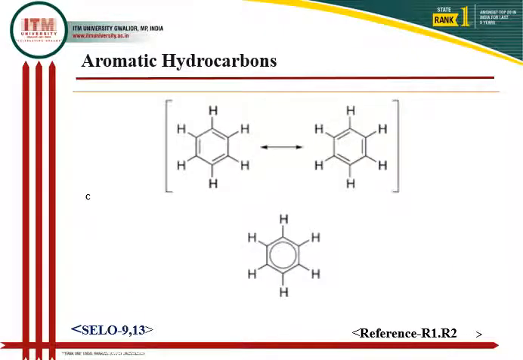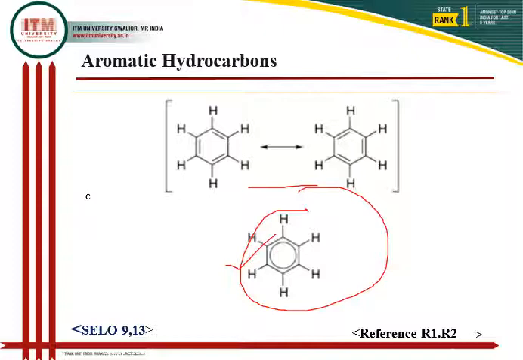This is the ring structure of the benzene, and you can see here the Kekule structure of the benzene. 80% of the stable structure is contributed by the Kekule, and there is the delocalization of the pi electrons over the ring, and this is the resonance hybrid structure of the benzene. So the actual structure lies between these two structures.